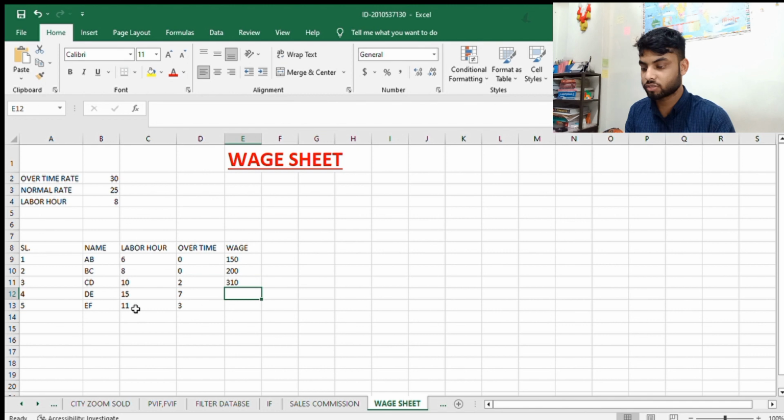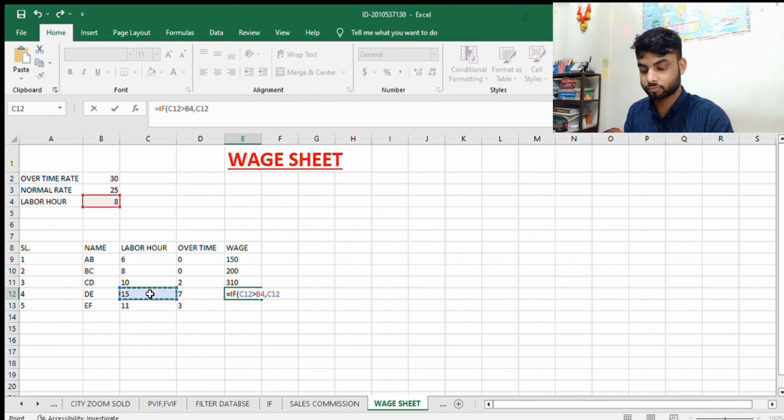Then the fourth person's wage is if labor hour is greater than 8, then 8 into 25 plus overtime into 30. If it falls, only labor hour into normal rate 25, then close the bracket, enter.